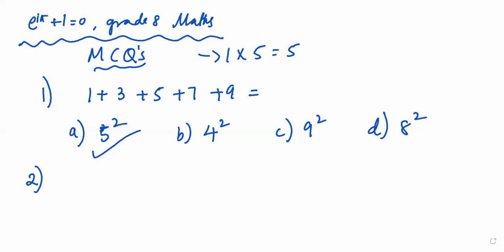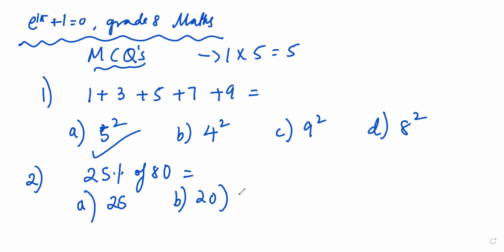Next, let's take 25% of 80. It's very simple. And suppose I give you 4 options. The first option is, let's say 25. The second option is 20. Option C is, let's say 80, and D is something like none of these.